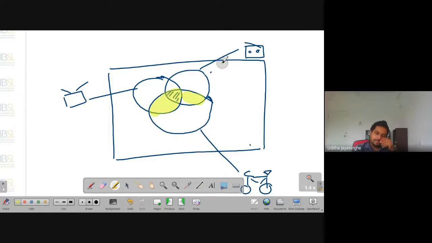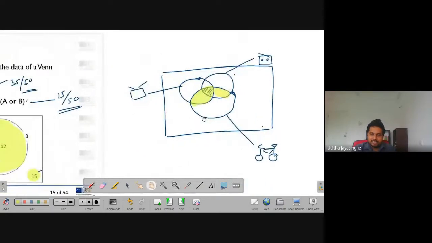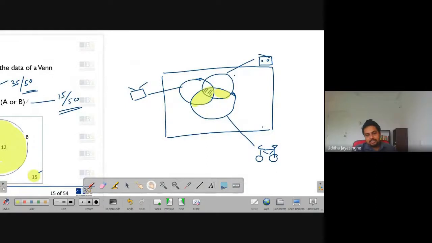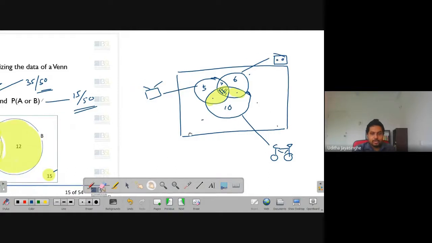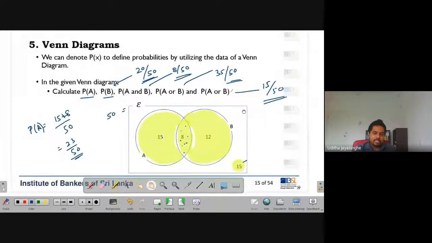That's how you define things. So the wording has to be very careful. Wording has to be very precise to calculate something like this. You may be given 5 here, 6 here, 7 here, 10 here, likewise. Then you have to find these missing pieces first. Only then can you use a Venn diagram to do a computational probability like this.